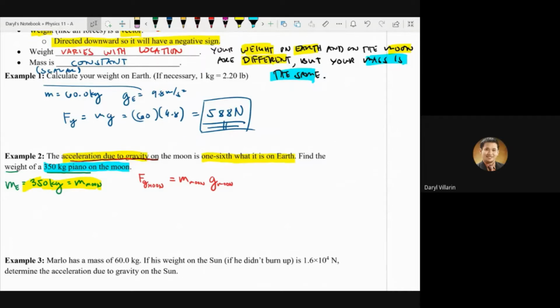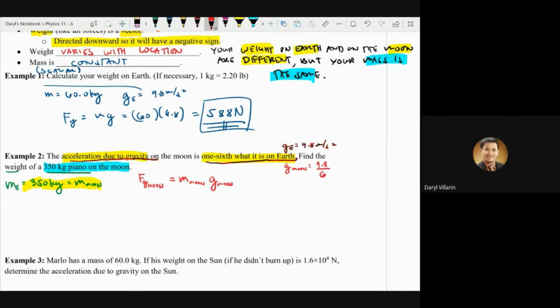It's 1/6 of that on the Earth. And you know that g on Earth is 9.8 meters per second squared. So therefore, the g on the moon is equal to 9.8 divided by 6, 1/6, right?